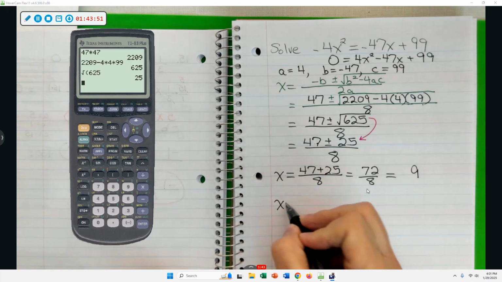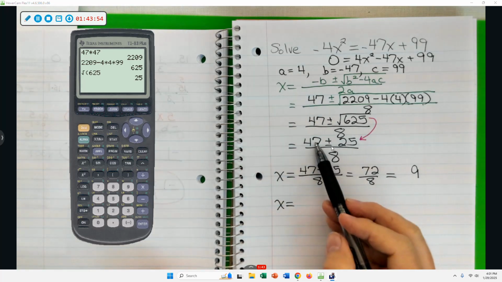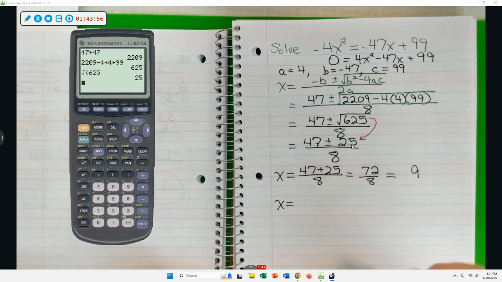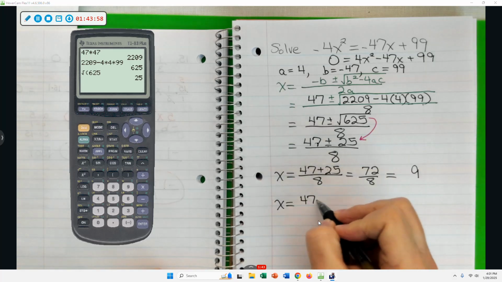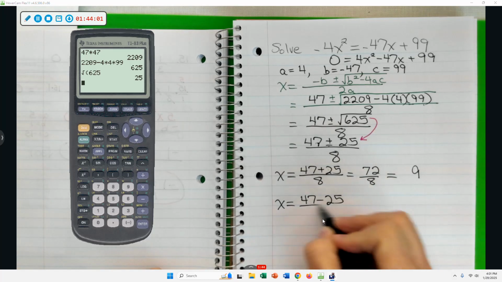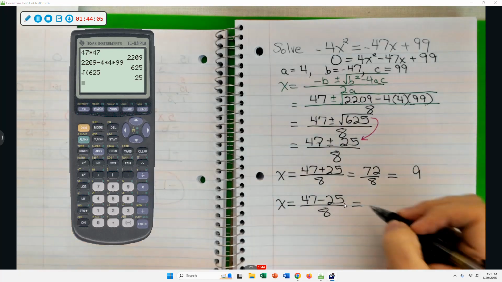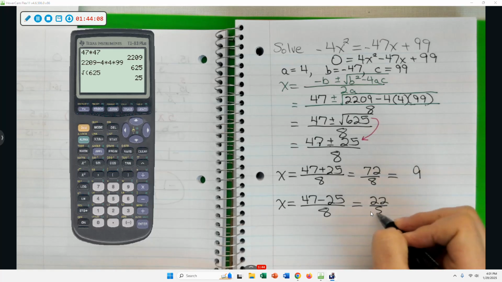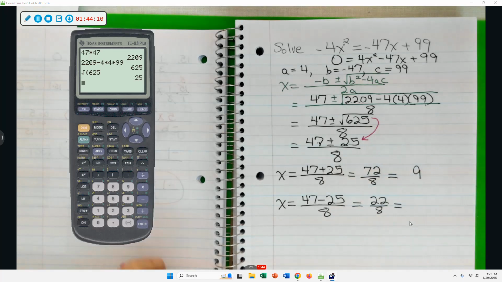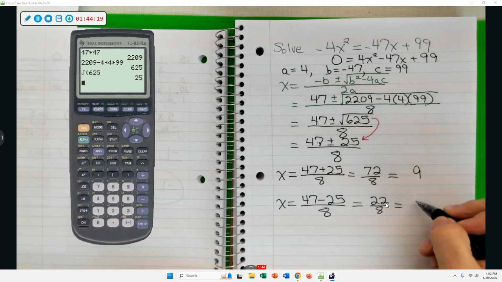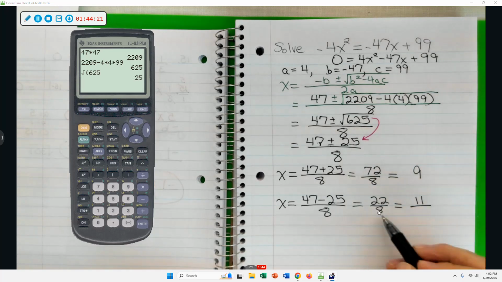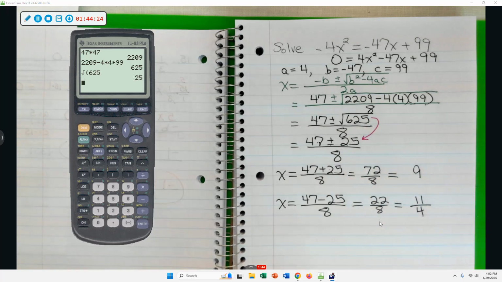Now we have to take into account the other situation. 47 minus 25 all over 8. 47 minus 25, is that a 22 over 8? And we can reduce 22 over 8. There's a common factor. What is it? 2, so 22 divided by 2 is 11. 8 divided by 2 is 4.